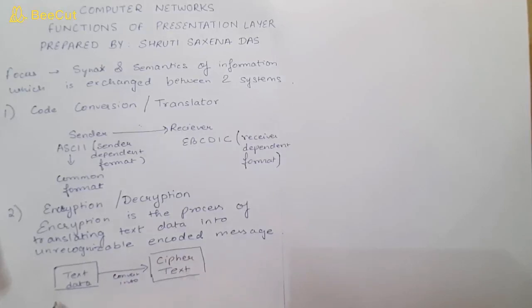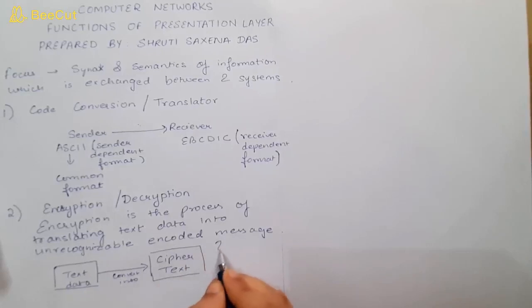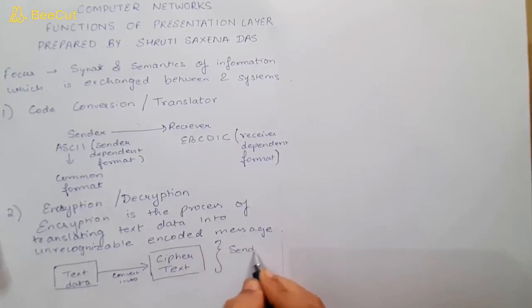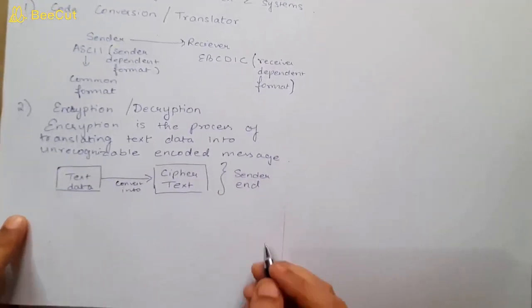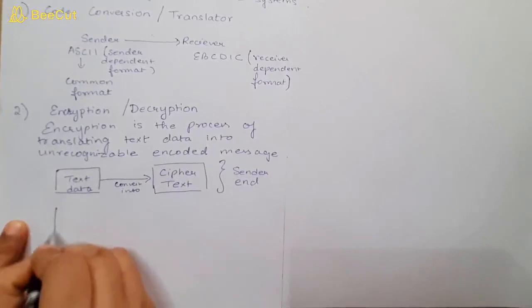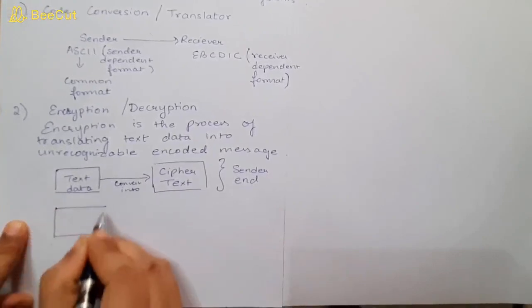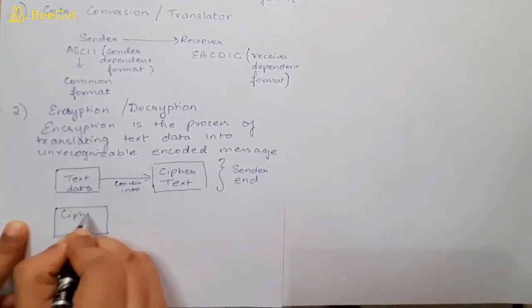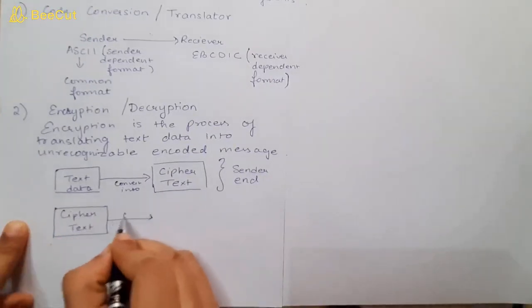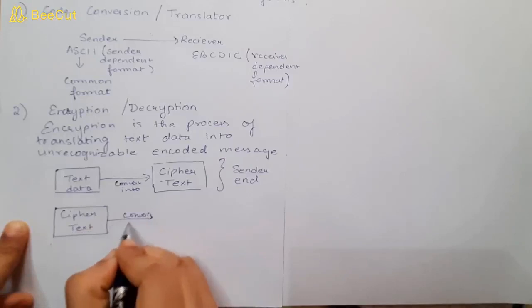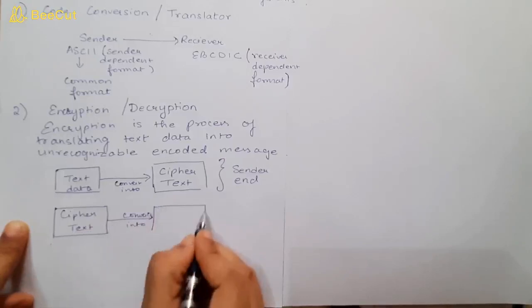Okay, this process is done at sender end. And at receiver end, the ciphertext is received, and again it is converted back into the text data.